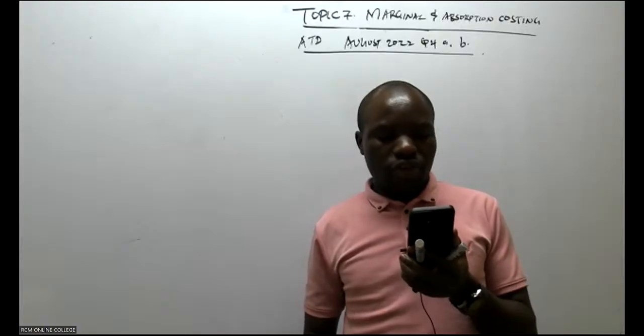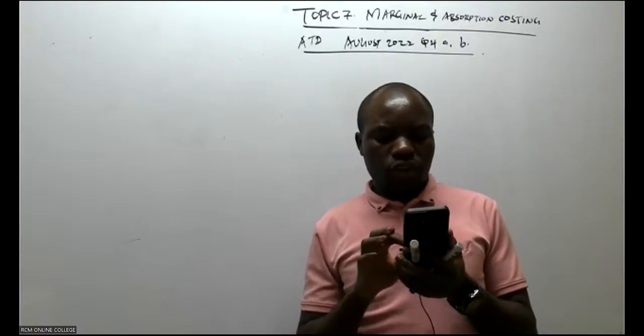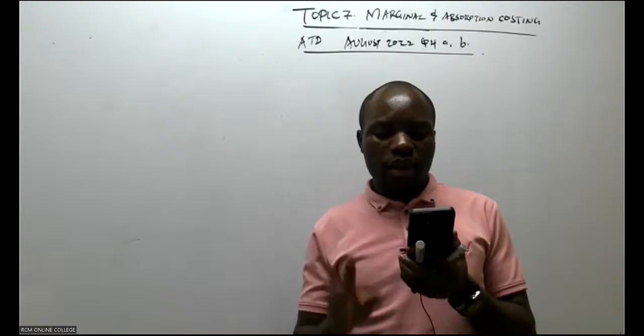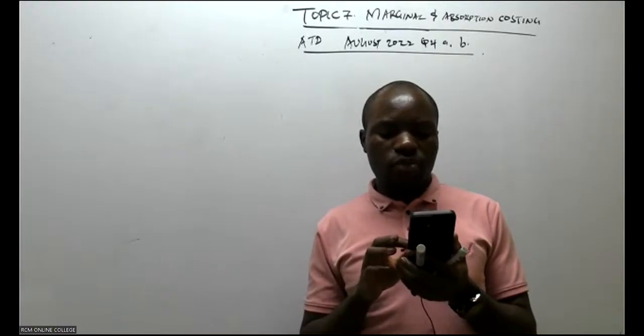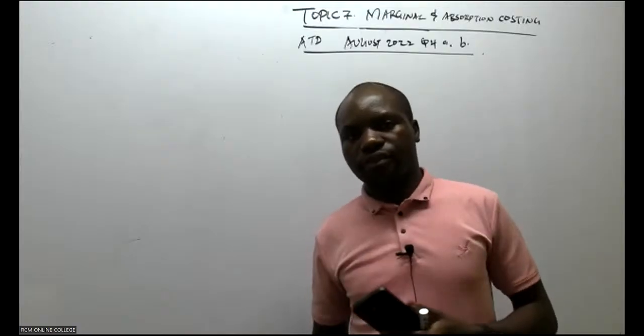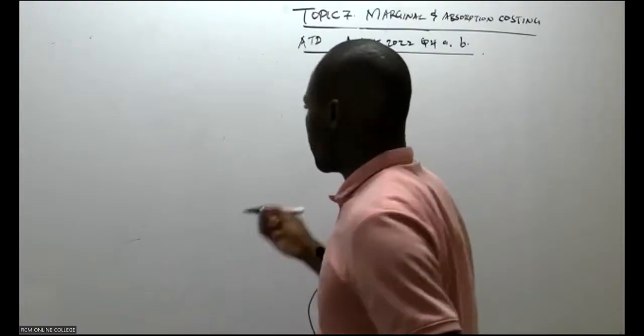Additional information, normal output volume is 16,000 per year, and the volume is used to establish the fixed overhead absorption rate for each year. Let's listen to this.